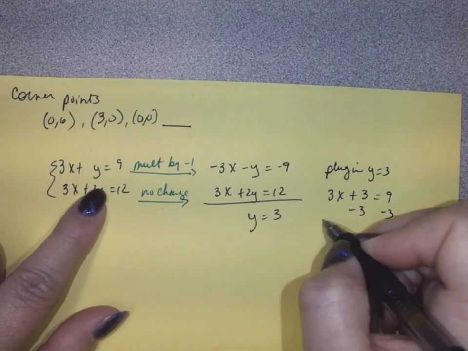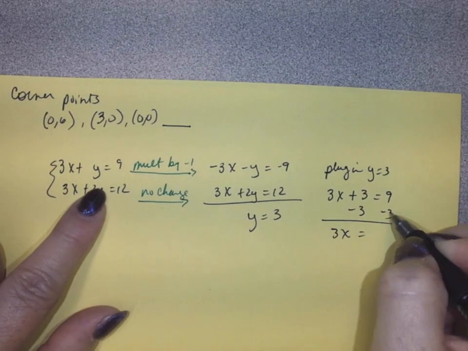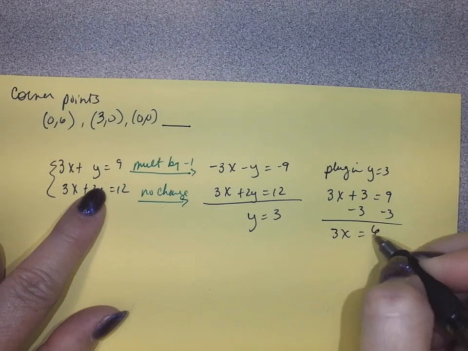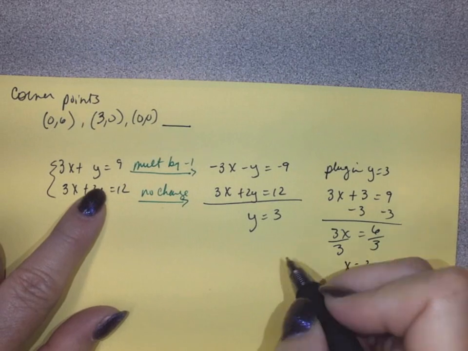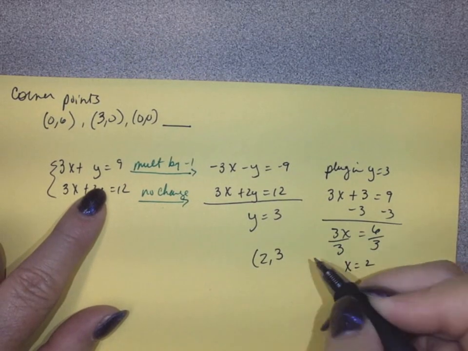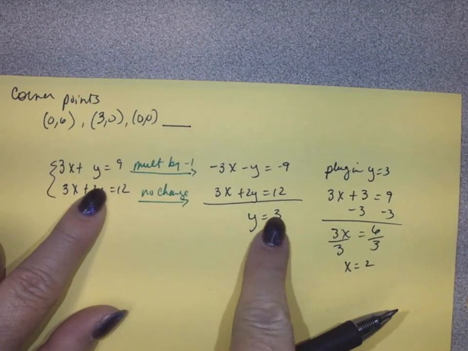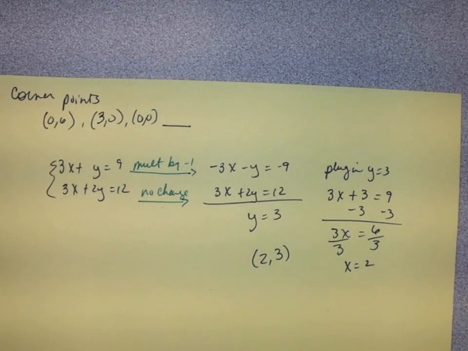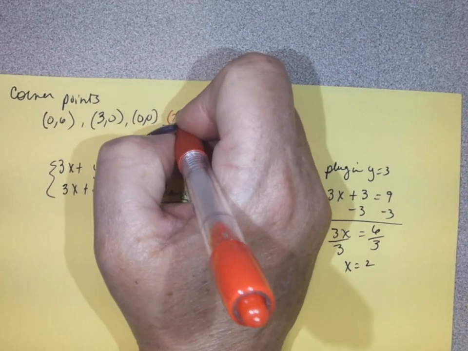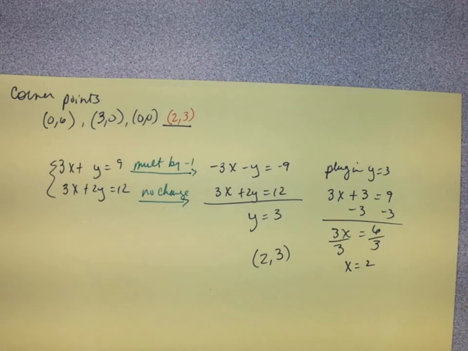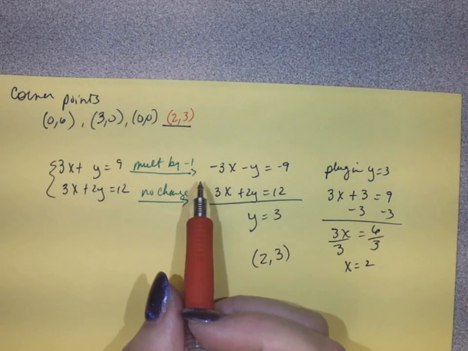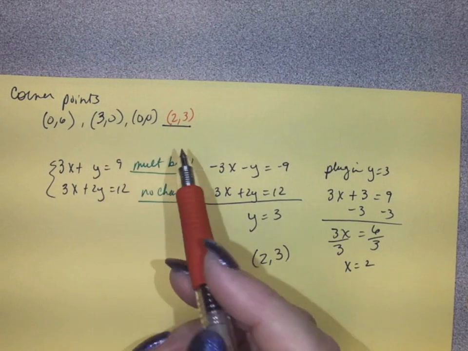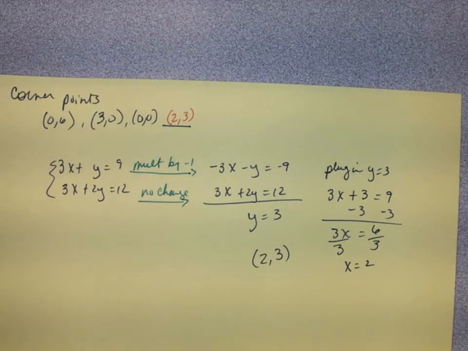Move my 3 over. I get 3x equal to 6. Divide by 3, x equals 2. So my point is 2, 3, x, y. So now I will come up here and add in my 2, 3 point. So those are my 4 solutions, my corner points that I was looking for.